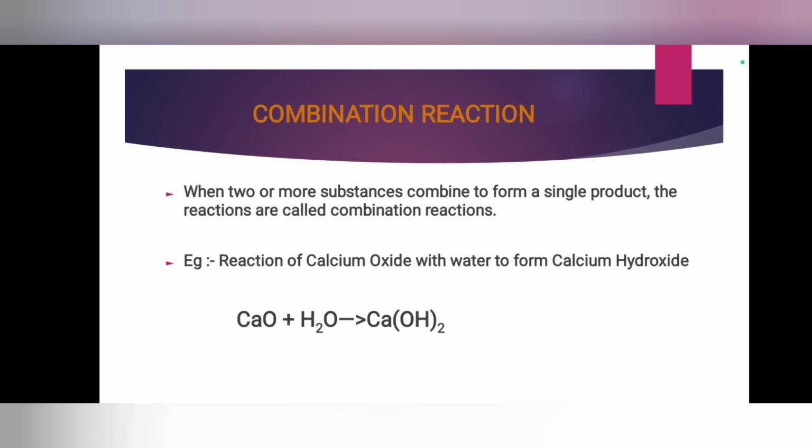You can use other examples too, like hydrogen and oxygen combining to form water. In all these cases, the product is a single product. That's about the topic combination reaction.